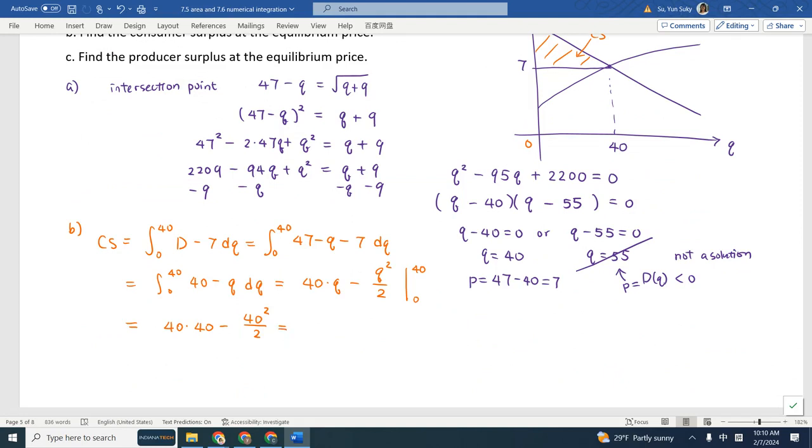What is 40 times 40? 1600. And 1600 over 2 is 800. What's 1600 minus 800? Yeah. So the consumer surplus is 800.